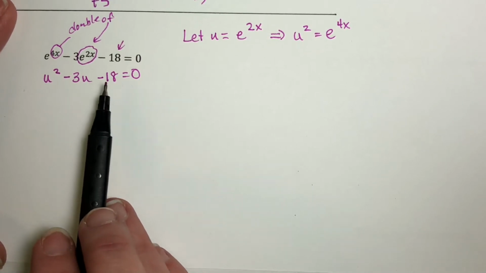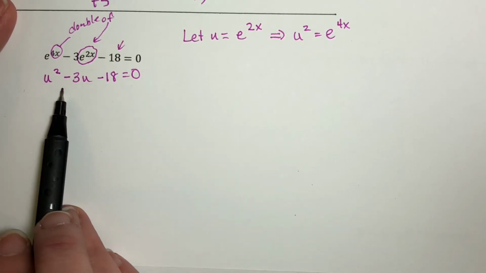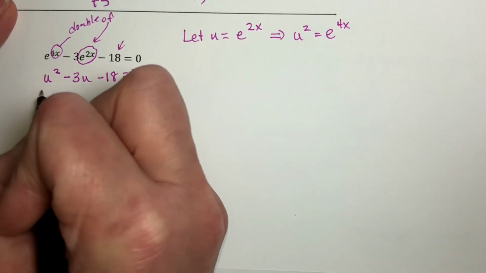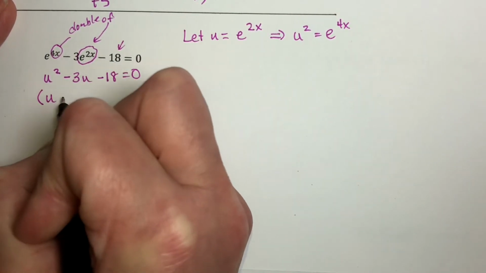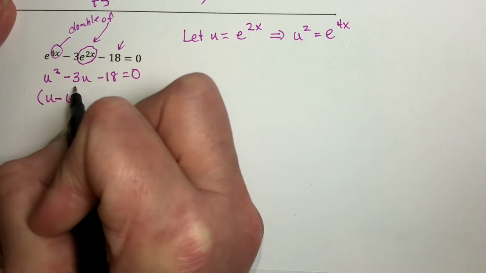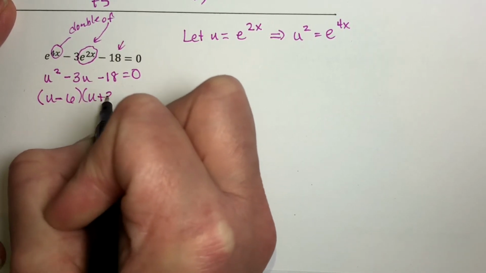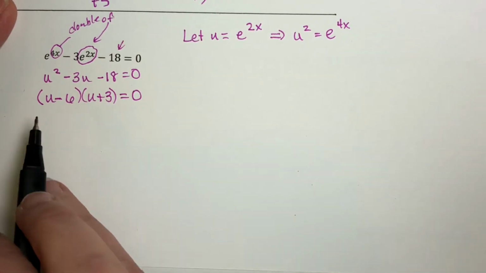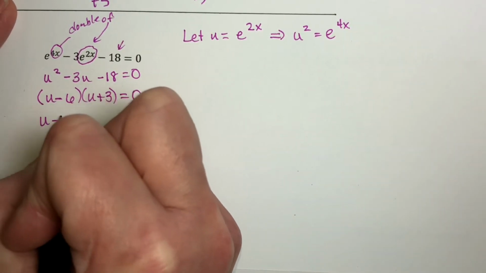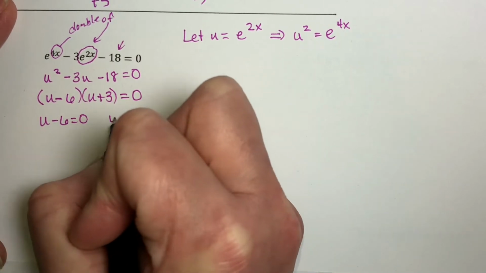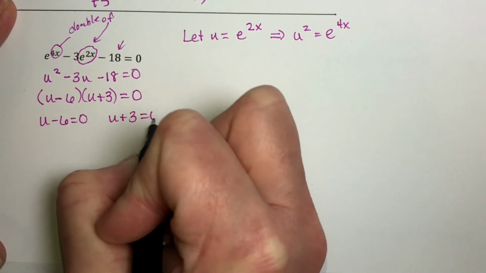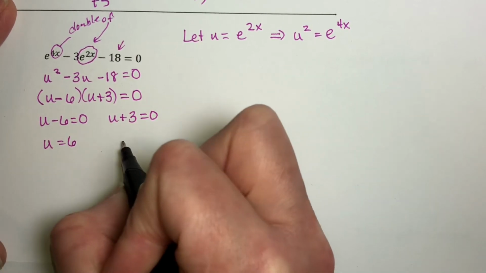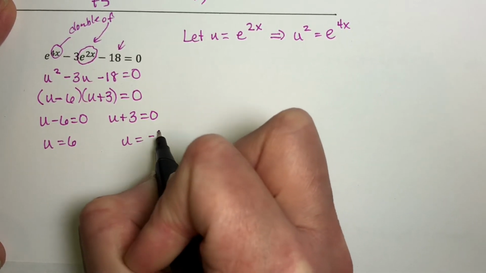Two numbers that multiply to negative 18 and add to negative 3: negative 6 and positive 3 work. So this factors as u minus 6 times u plus 3 equals 0. Now set each of these equal to 0, and you find that u is equal to 6, or u is equal to negative 3.